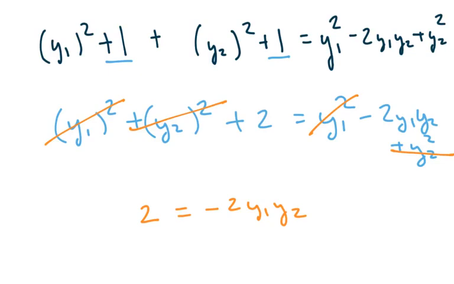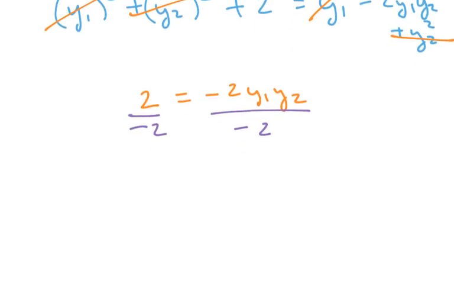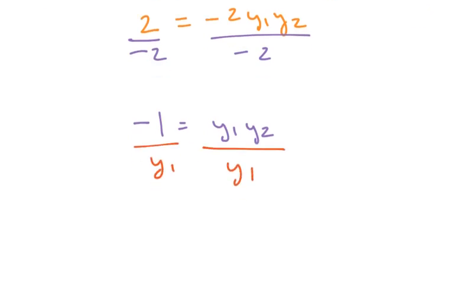And when I divide through by negative 2, I'm going to get negative 1 equals y1 y2. It doesn't matter which one you honestly take. Let me go ahead and take y1. And this is negative 1 over y1 equals y2.